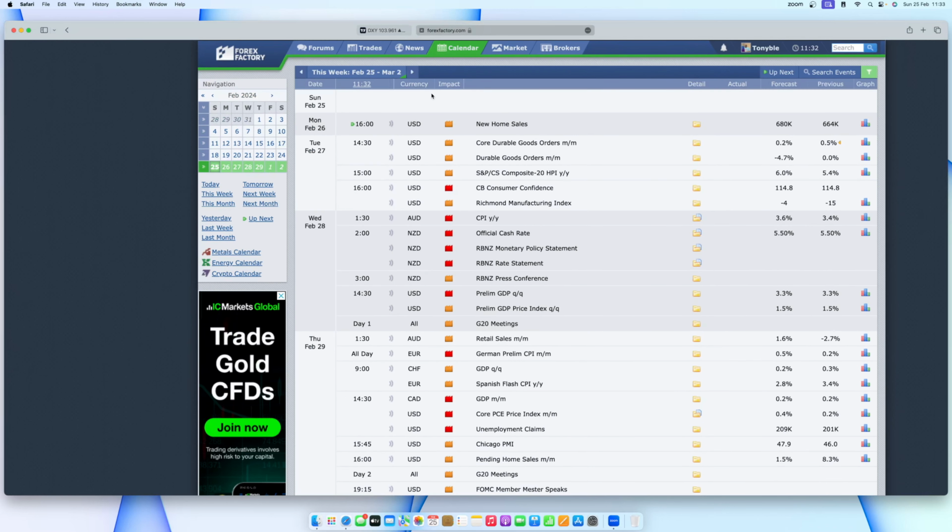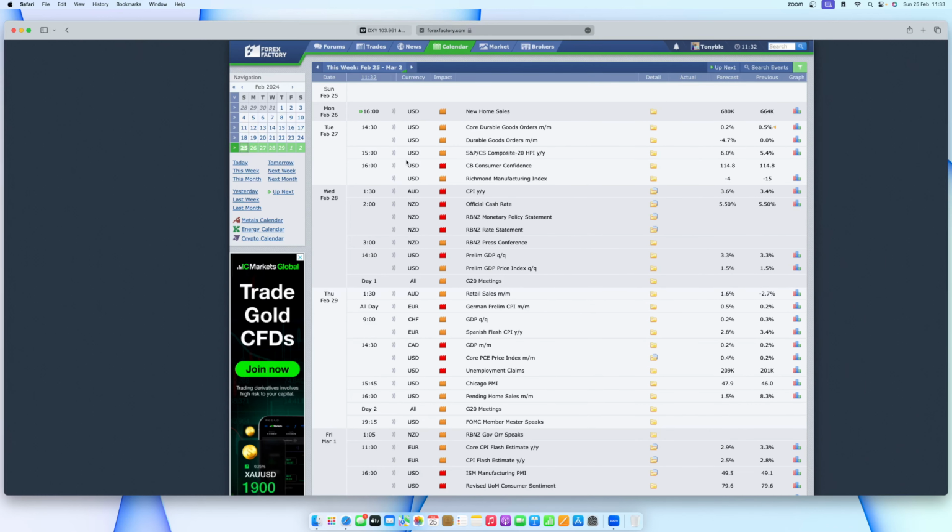Yeah, these are the major news we have for this week. My main focus is definitely going to be AUD CPI news, just like that for CAD. So CAD major news on Wednesday, NZD, Euro, USD, and then USD again on Friday. Keep an eye on that.